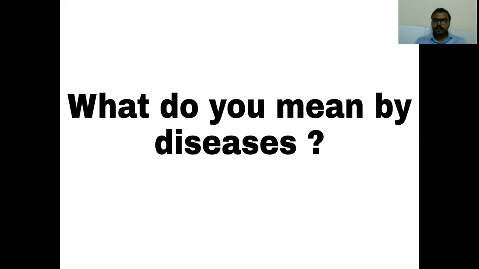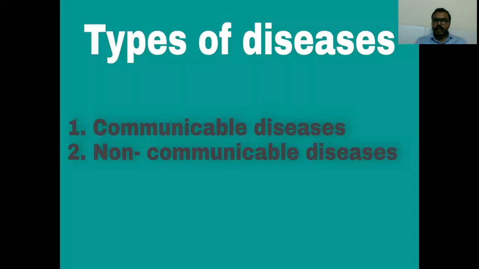Moving forward to the next point, which is types of diseases. To help a common person to understand, we have divided diseases into two parts, namely communicable diseases and non-communicable diseases, which you all can see on your screen.